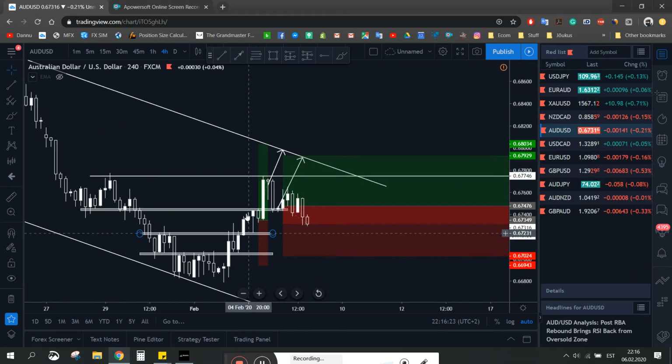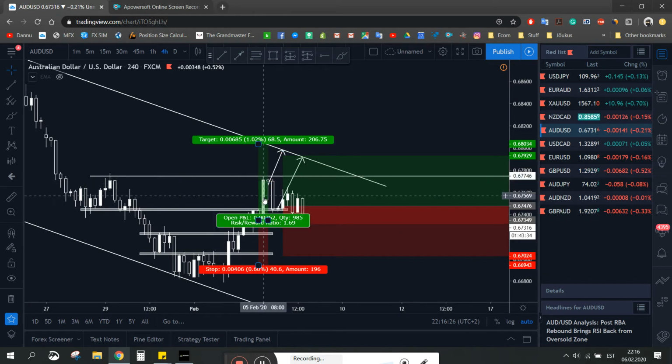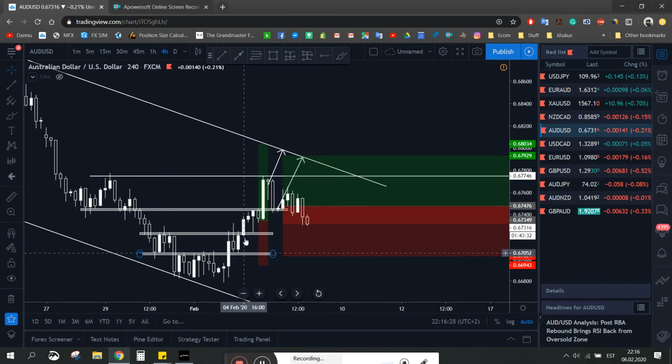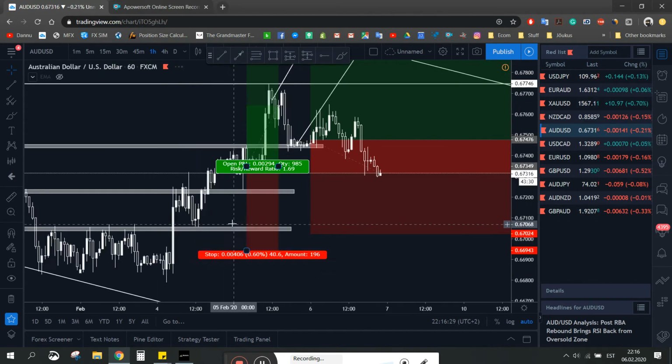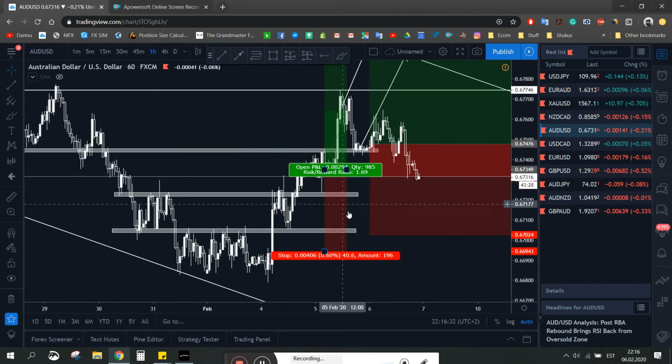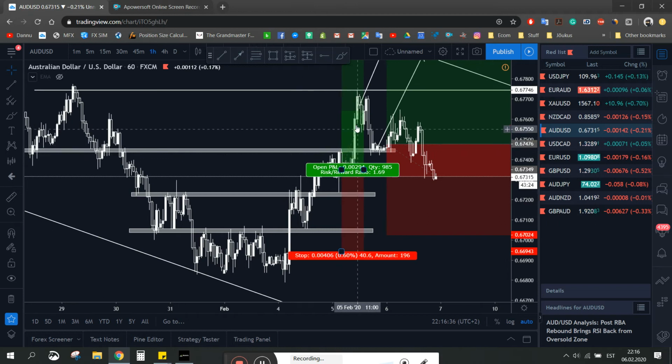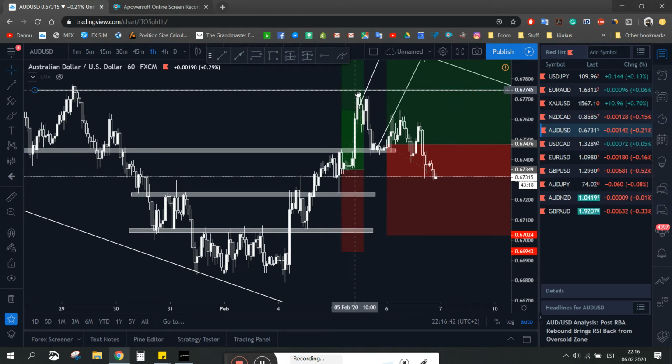So I entered a couple of buys. This buy played out nicely. It broke and retested previous support, horizontal levels. Pretty straightforward. I was in this trade with 5 microlots. I closed 3 microlots over here and put a trailing stop on it.